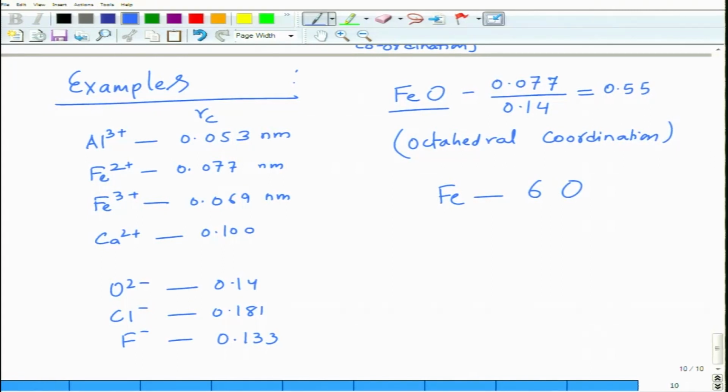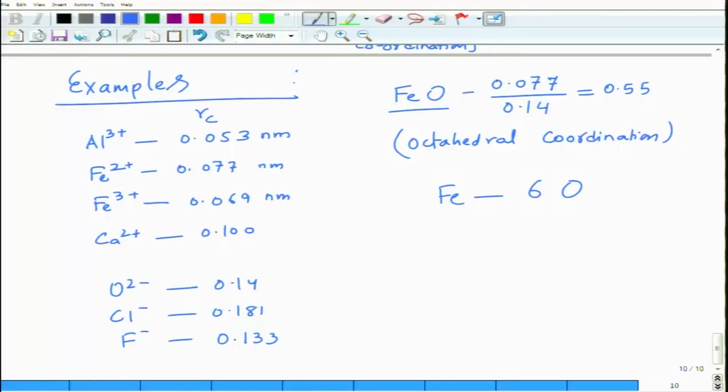then based on the stoichiometry, what do you obtain for oxygen? How many ions will surround one oxygen? What is the stoichiometry? For each Fe you have 1:1. The charges are 1:1. So what is the coordination you expect? So coordination number of Fe is equal to 6. Coordination number for oxygen will also be 6.